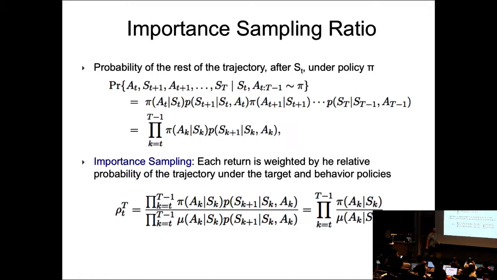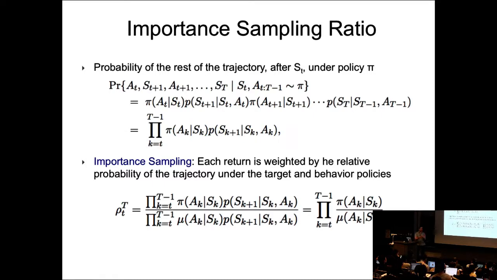So now you're just looking at the ratio of the target policy versus the proposal policy, the ratio of the two. And as I mentioned before, what you want to do eventually is ask: does my policy assign higher probability, for example, to actions that lead to higher rewards, or does it assign low probability to actions that lead to low rewards?